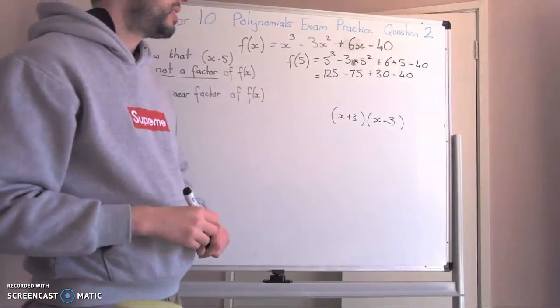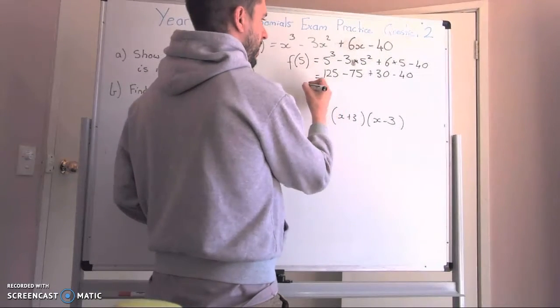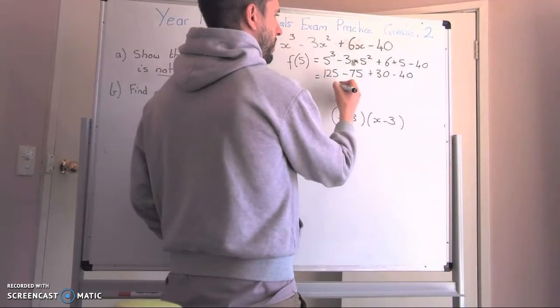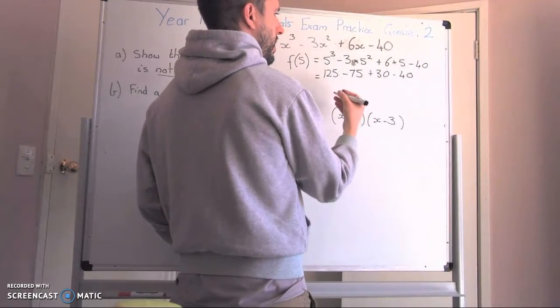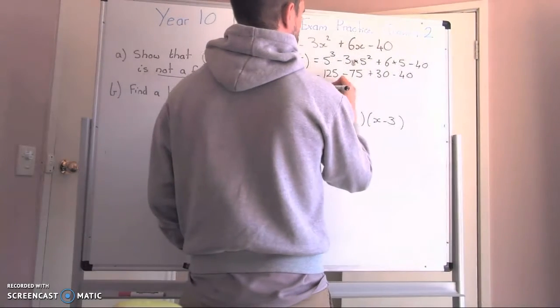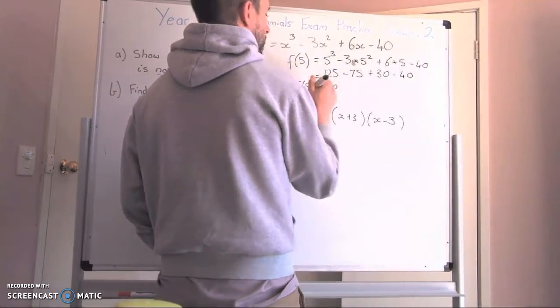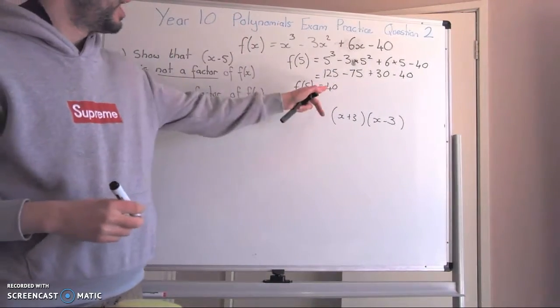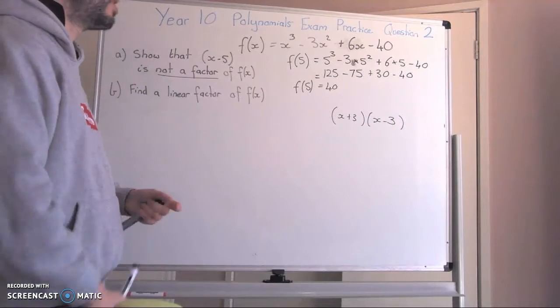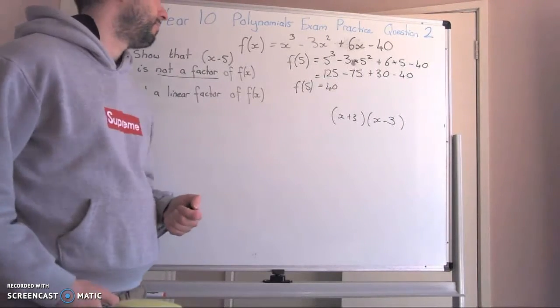I can solve this now by going 125 take 75, which is 50. 50 plus 30 is 80, and 80 take away 40 is 40. So that tells me if I substitute 5 into my function, I will end up with 40. So that shows me that it is not a factor.